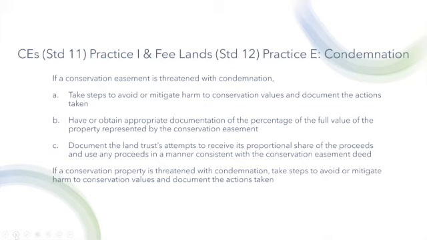But there's no expectation that an organization will absolutely exhaust their financial resources and ignore their other work fighting condemnation proceedings, which ultimately will rarely be decided in their favor, right? So there's this idea, try to protect the conservation values. If this is a property that you've booked on your balance sheet, and there is a condemnation, make sure that you get some kind of a proportionate interest in what comes out of that.